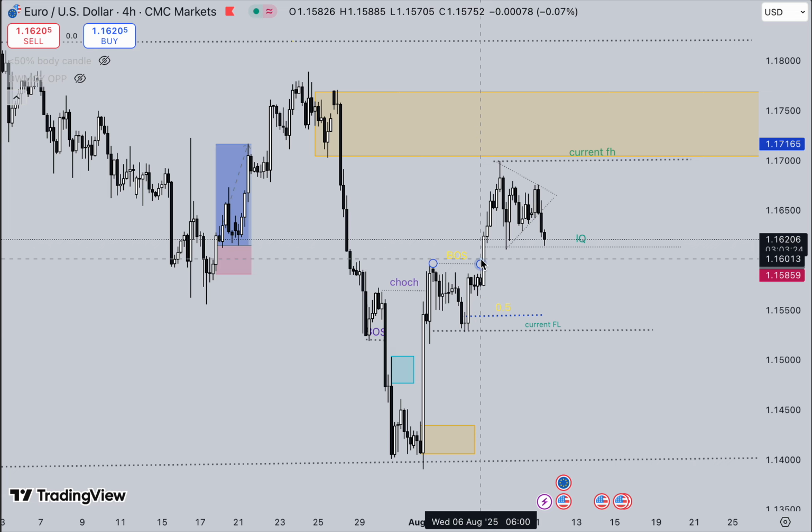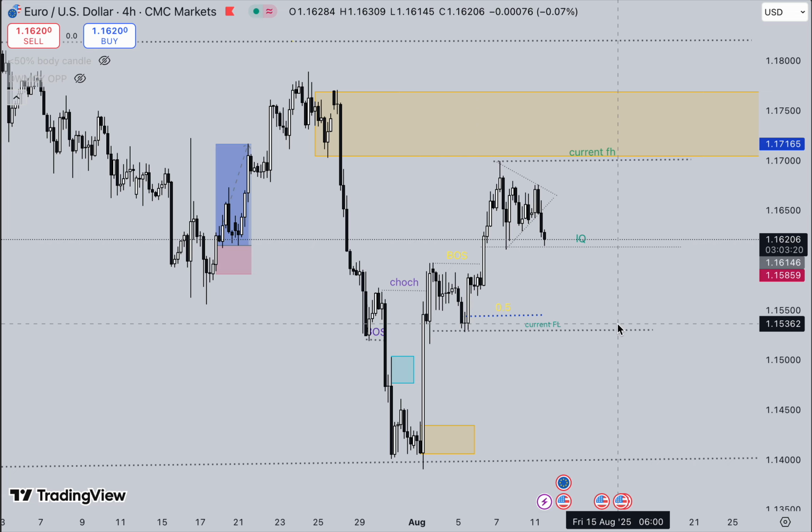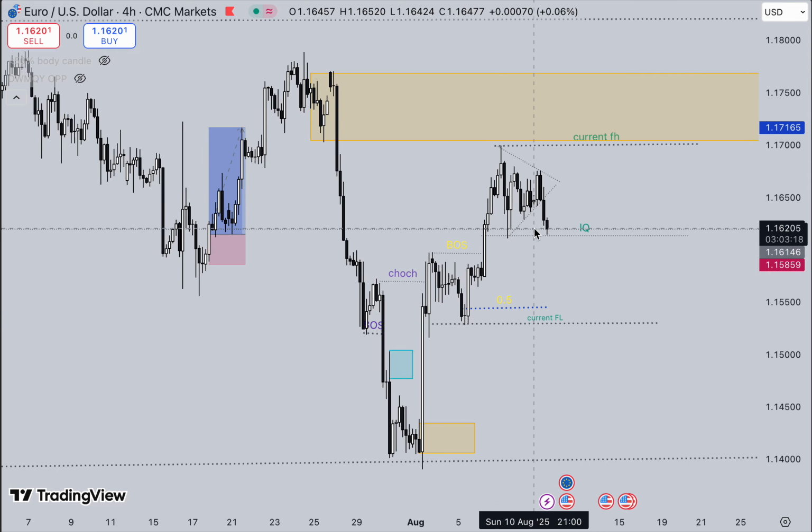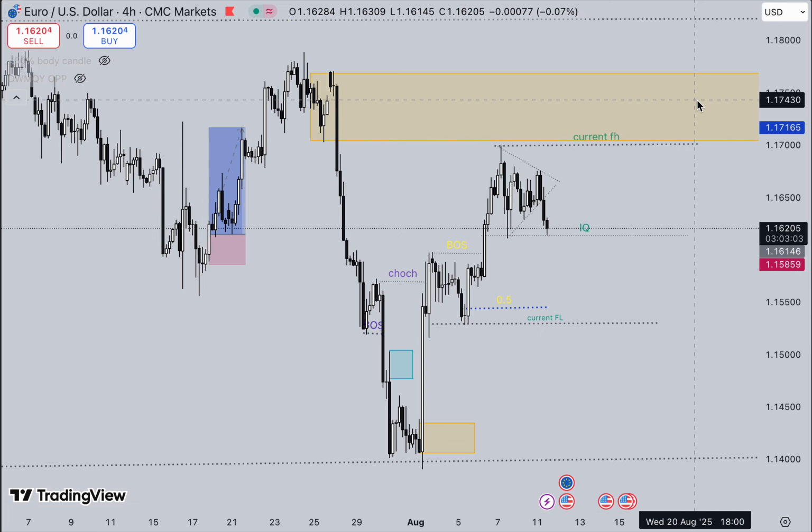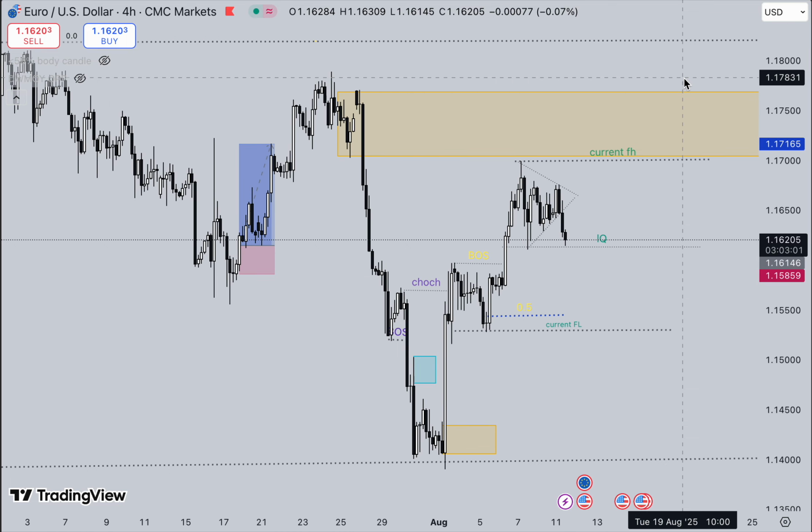Now we pushed up, we use it to break structure. So this area is a nice area to start looking for buys from if we come into there. The only reason we'll sell from here is when we have that change of character after we come into the supply zone. If not, we just continue with the other flank, keep on buying if we get there.